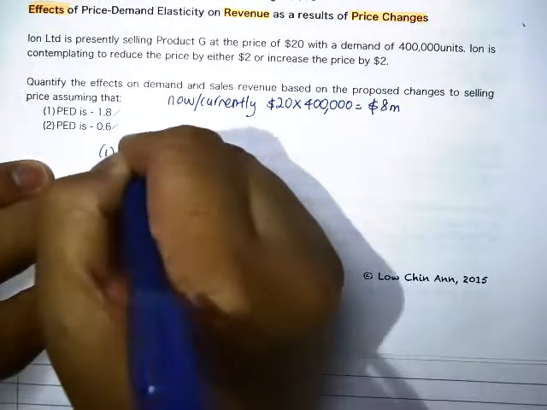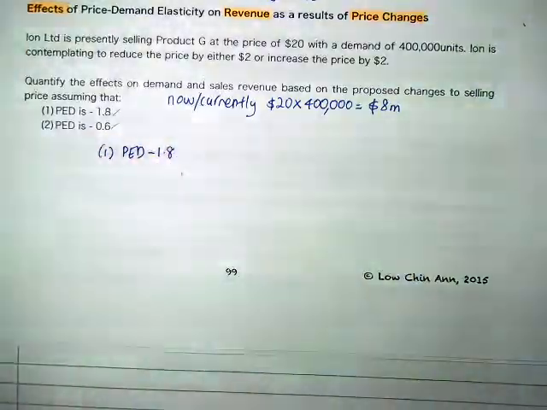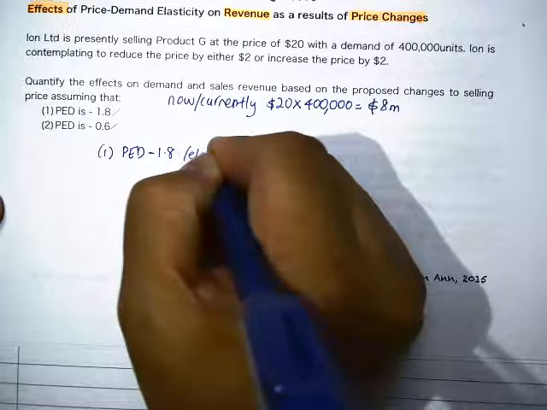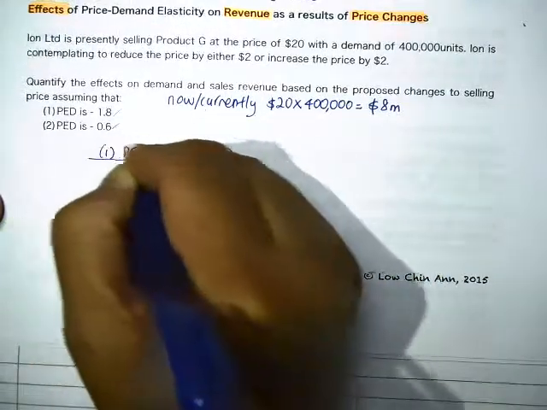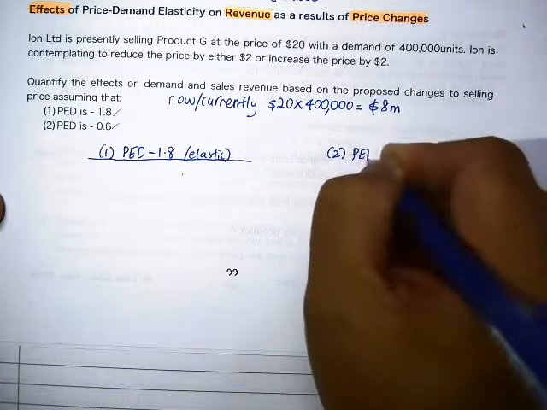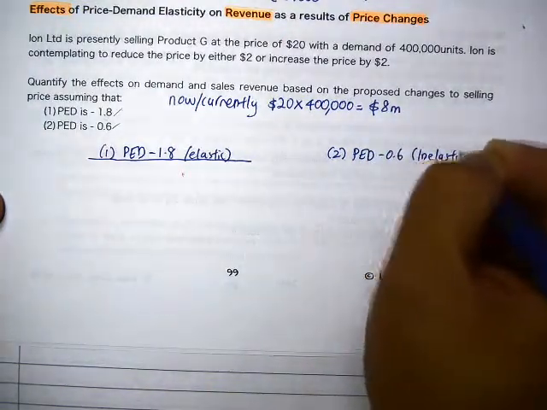One is PED 1.8. Tell me, 1.8 is elastic or inelastic? Elastic. Okay, then you have the second situation, PED 0.6, which is inelastic.